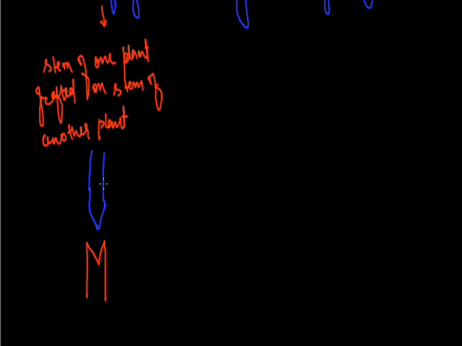This stem is called the scion, and this is called the stock. The cutting is done in this manner so that both stems fit into each other.